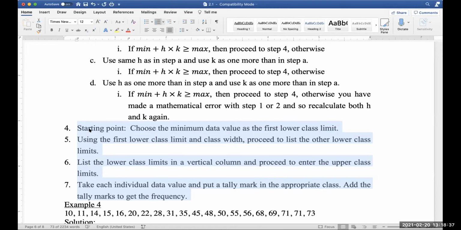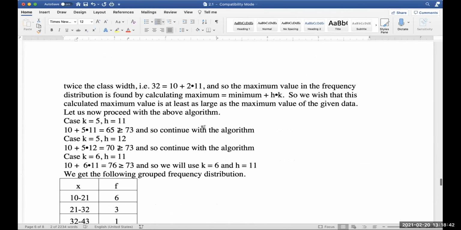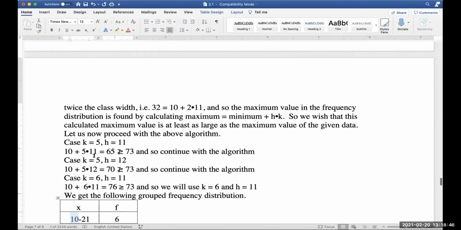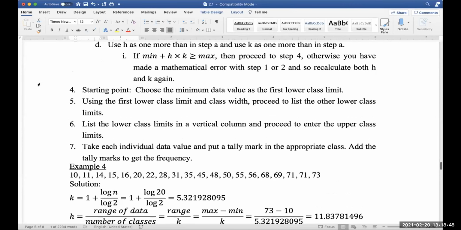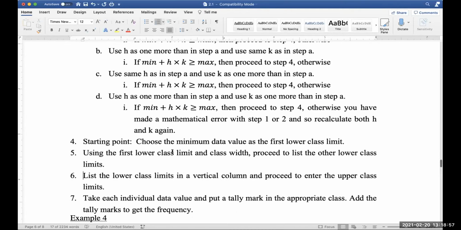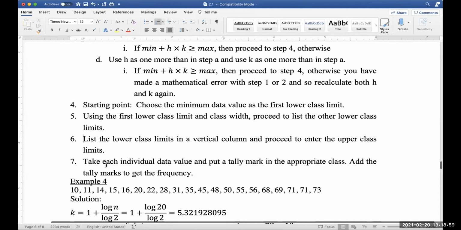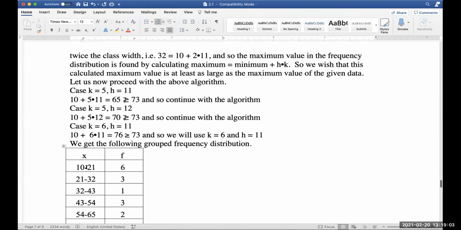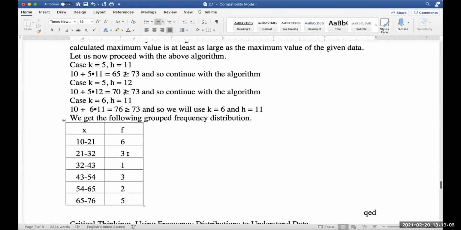I would start at my starting point, choose the minimum number as the smallest number in my group frequency distribution, then use whatever h and k I got from the above algorithm and tally up everything. So I would figure out what h and k are and put everything into each of these classes.